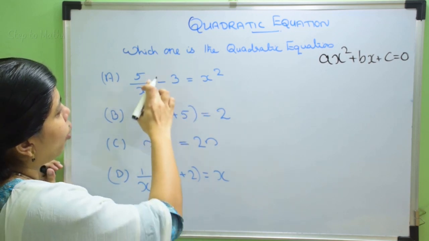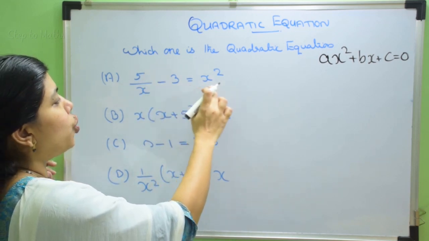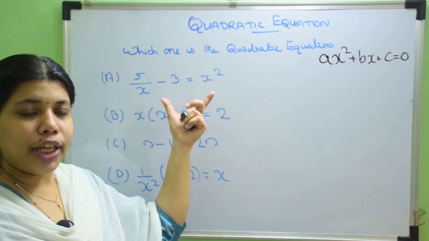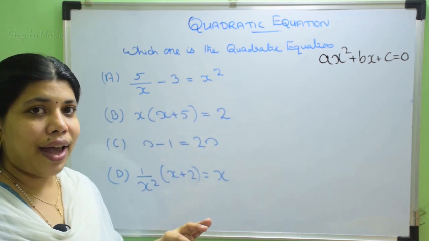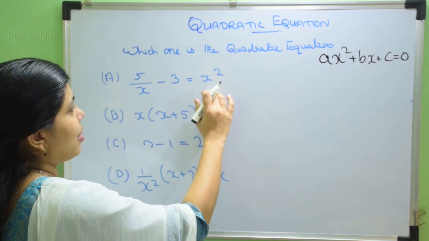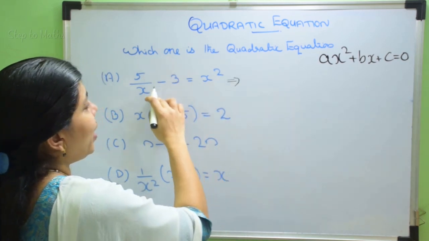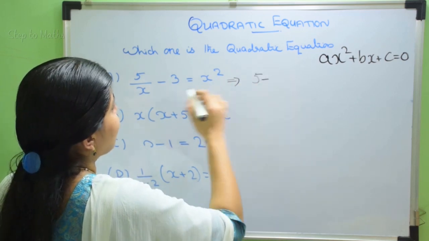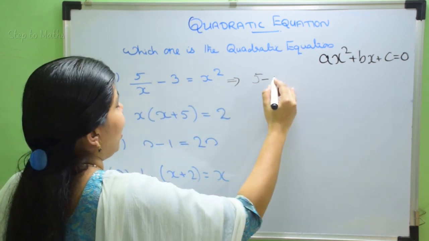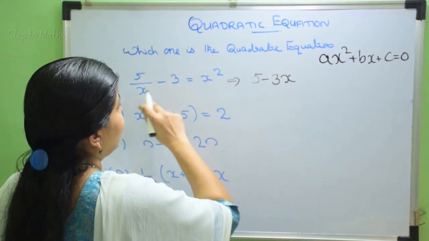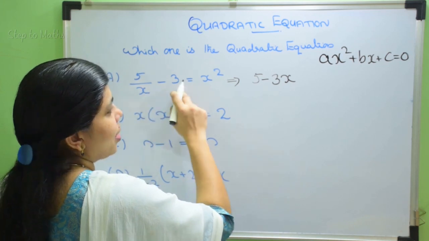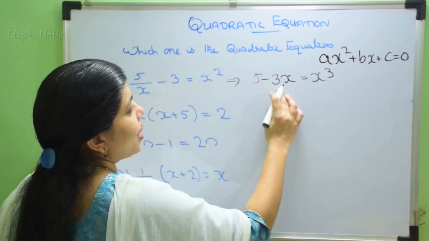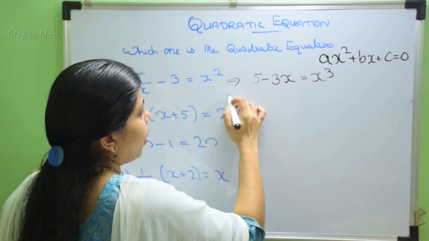Consider first equation. 5 by x minus 3 is equal to x square. At first look, we feel it's a quadratic equation. But before concluding that, we have to simplify this equation. 5 by x minus 3 is equal to x square implies 5 minus 3x, taking the denominator x, equal to x cube. 5 minus 3x is equal to x cube.